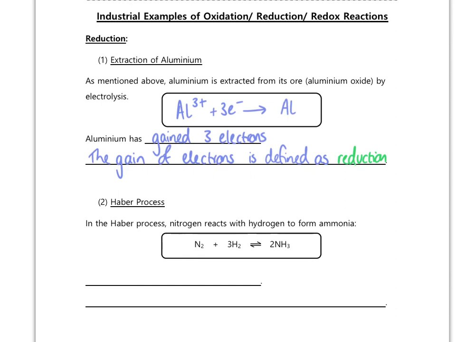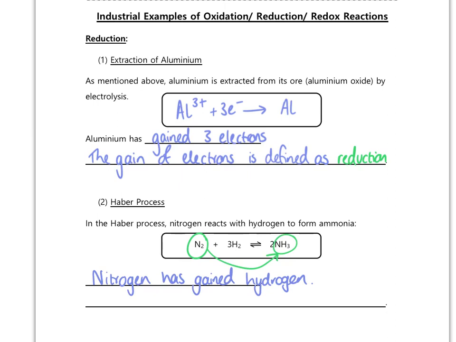We'll also look at something called the Haber process, in which nitrogen reacts with hydrogen to form ammonia, and that's then used in fertilizers and things like that. So this is a really important industrial process. We'll look at it in a couple of topics. And what we can see here is that nitrogen is forming NH3. So you can see that it has gained hydrogen.